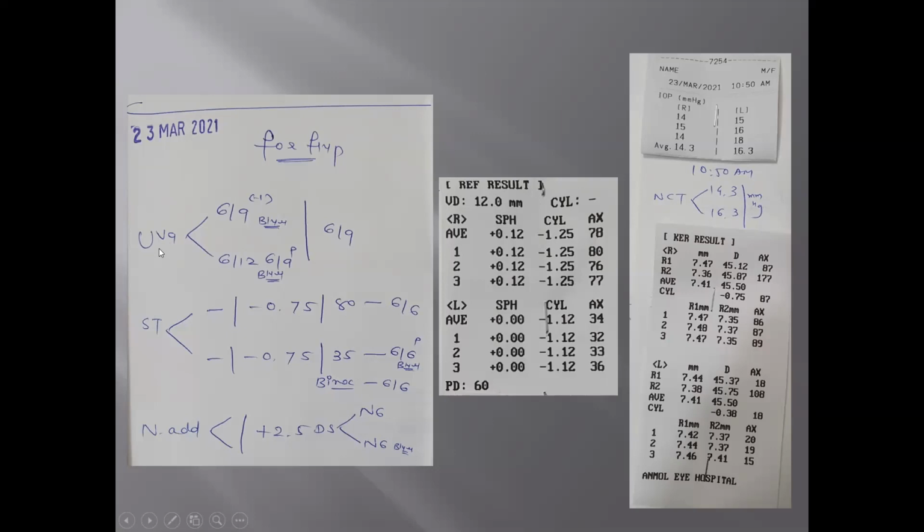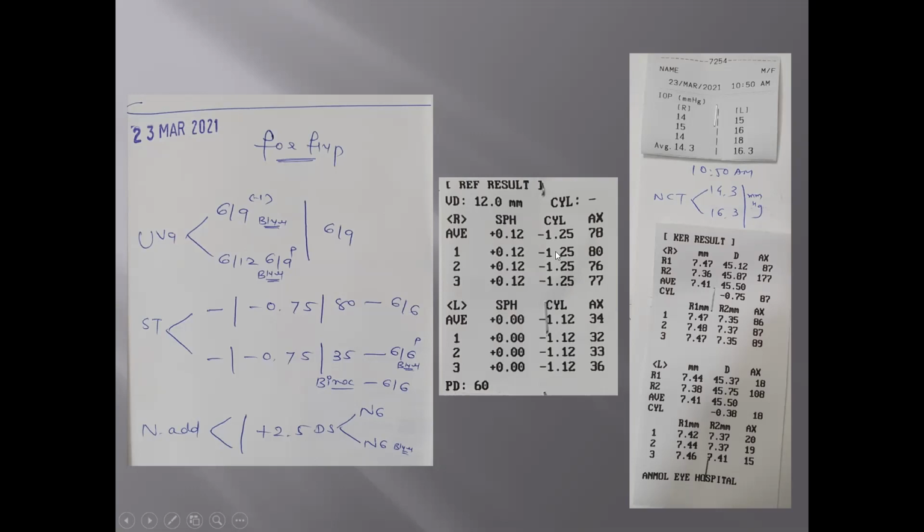You will take unaided visual acuity first, that is 6.9 in the right eye and 6.9 partial in the left eye, and binocularly the patient is reading 6.9. In this patient, the error in both eyes is simply cylindrical power, there is no spherical. In this kind of patient, there is one axis which is emmetropic, while the other axis is myopic.